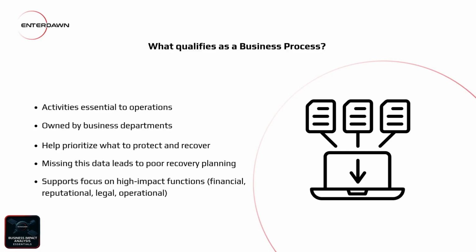This ensures the organization can focus its recovery efforts on functions that, if disrupted, would cause significant financial, reputational, legal, regulatory, and operational impacts. To identify and document business processes effectively, we must understand who owns them and who is accountable for providing accurate information.